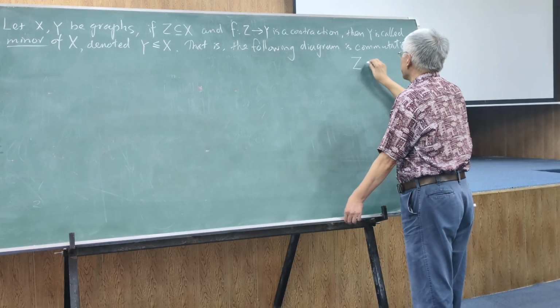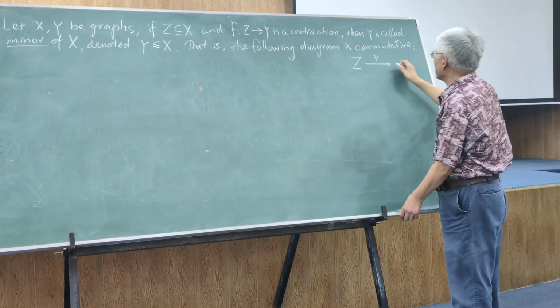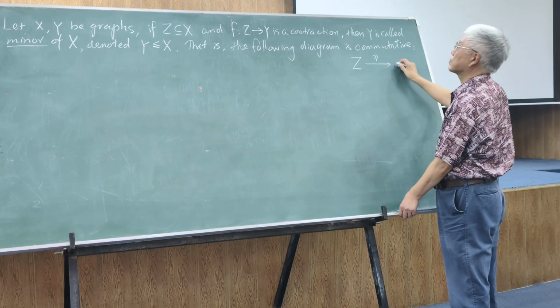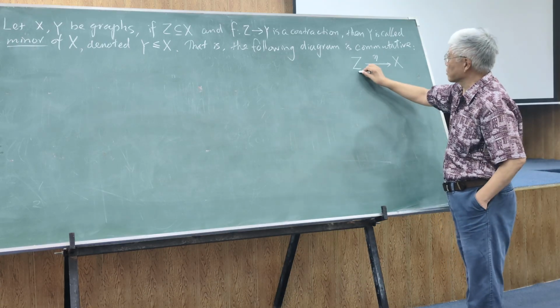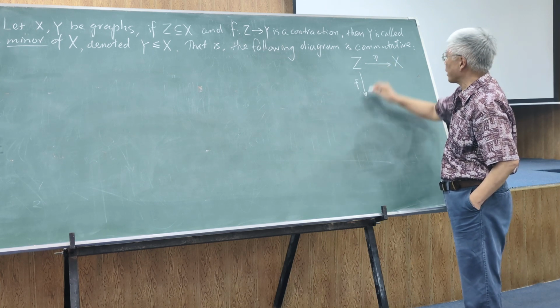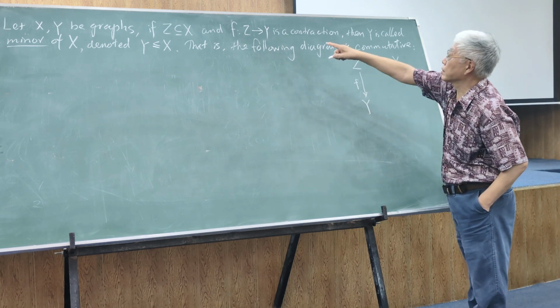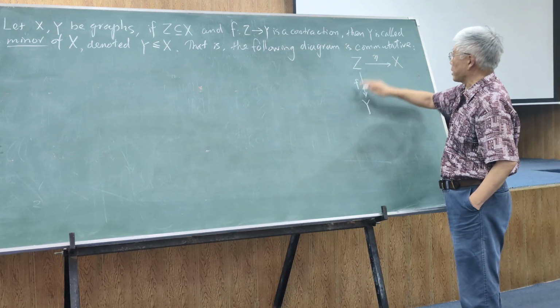Z has the inclusion mapping eta from Z to X, and there is a contraction mapping F from Z to Y. This exists.